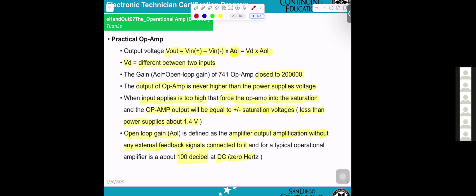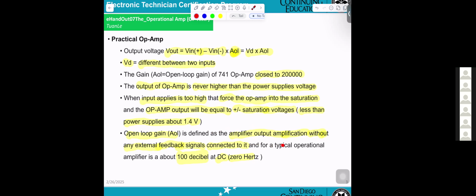Okay? So open loop gain, AOL, is defined as the amplitude output amplification without any external feedback signal connected to it.